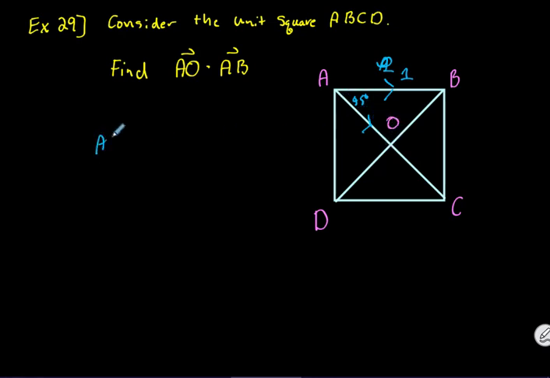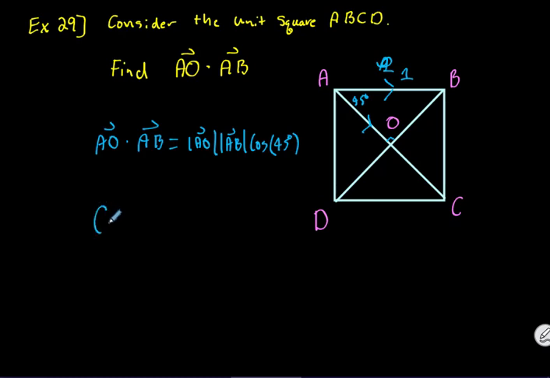Well, vector AO dot product AB is going to be the magnitude of AO times the magnitude of AB times the cosine of the angle between these, which is 45 degrees, right? And we can evaluate that one. But AO, I've got to figure out what that side is. And I can find that because this ends up being a right triangle.